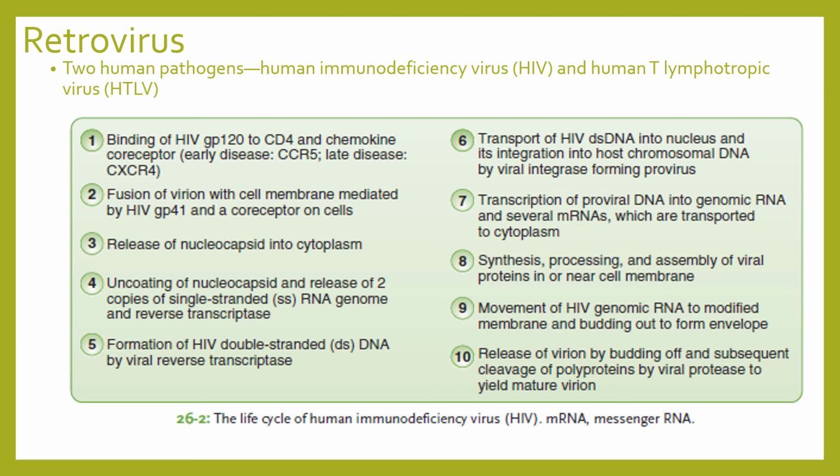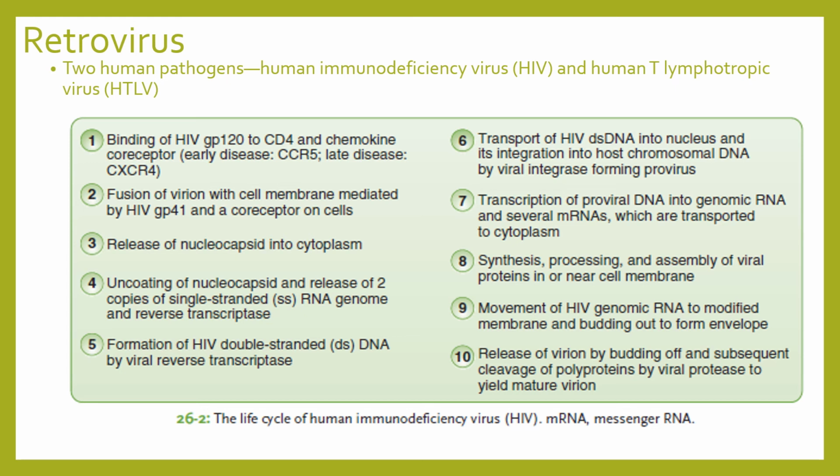So for HIV, there is binding of gp120 to CD4 and chemokine receptors, CCR5 in the early phase of disease, and CXCR4 in the late phase.